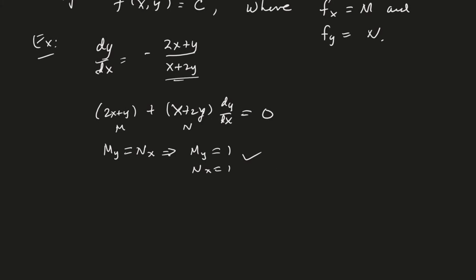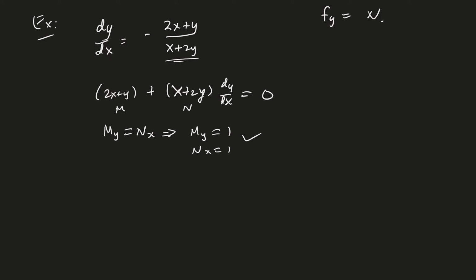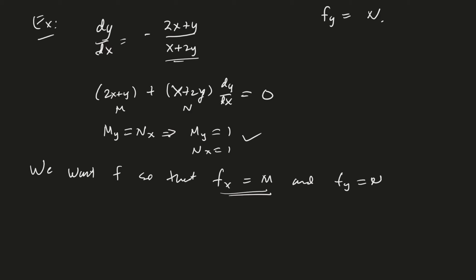So now, how do we solve for little f? Well, we want f so that f sub x is equal to M and f sub y is equal to N. So therefore, taking this part of the equation, we anti-differentiate that with respect to x. And so we get the integral of 2x plus y dx. Now we're anti-differentiating with respect to x, right?